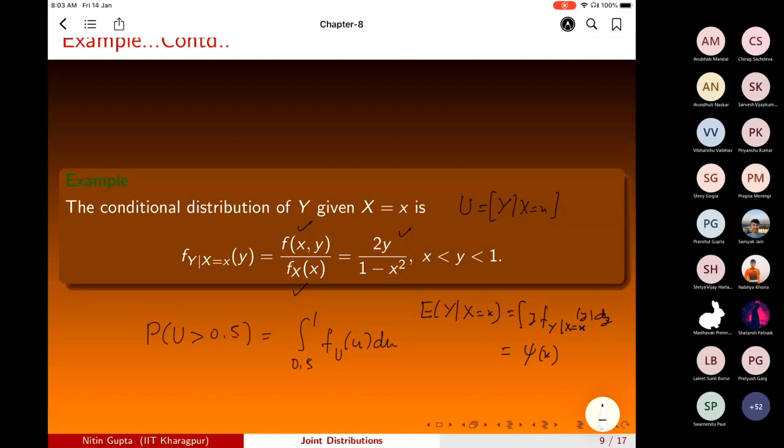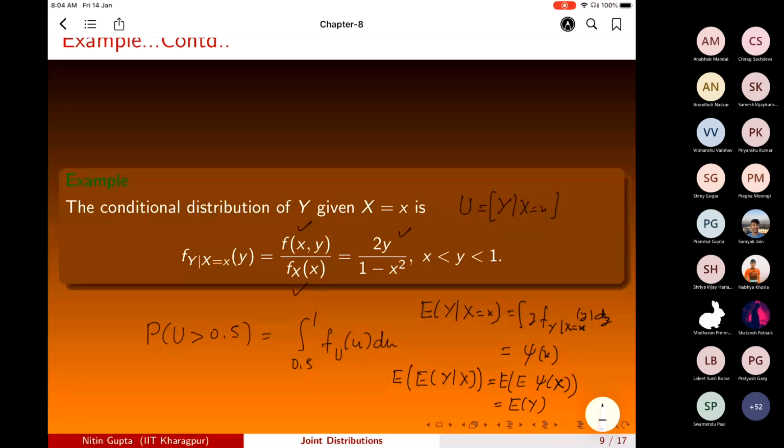Now if we replace this small x by the random variable x, then this is nothing but the expected value of psi of x, replacing small x by the capital random variable X. And if we take the expectation here, the expectation will be over this, and then this will come out as the expected value of y.